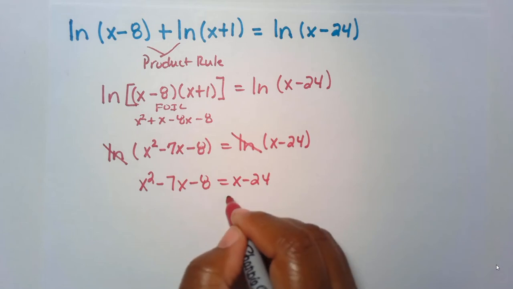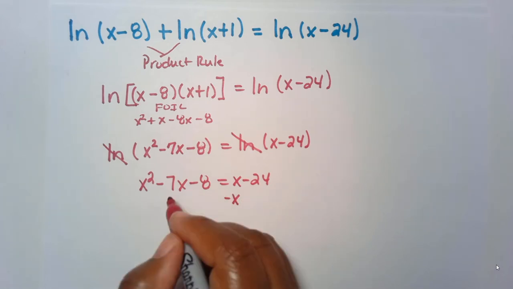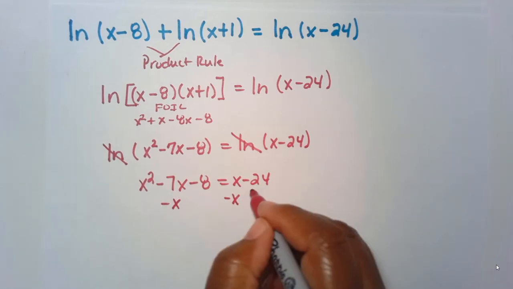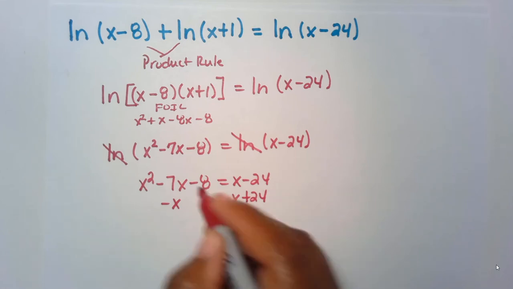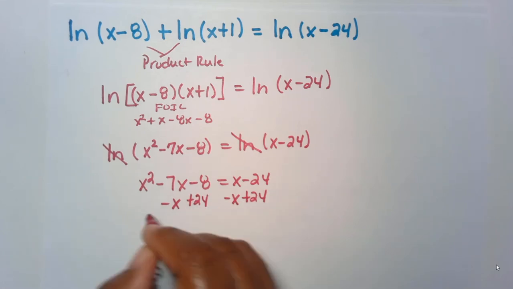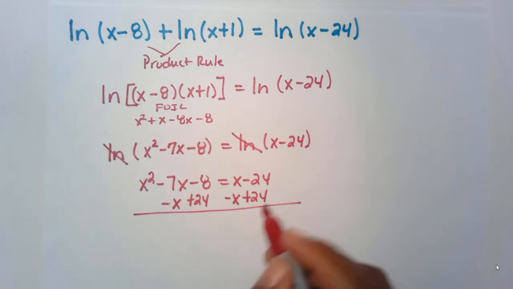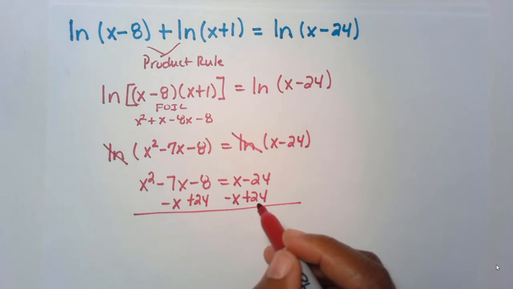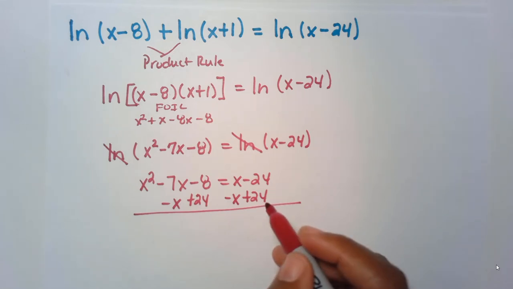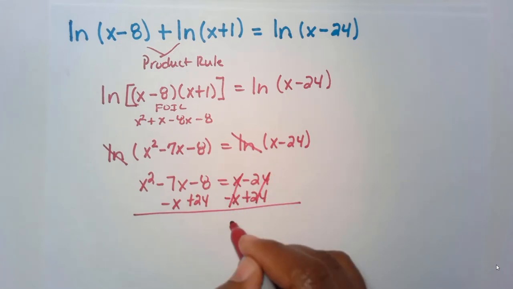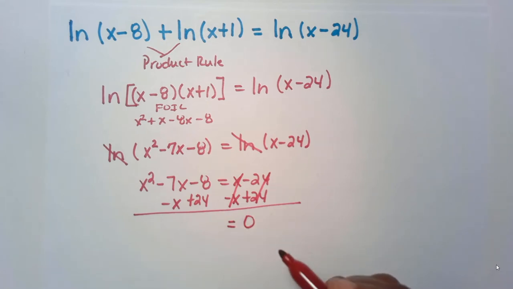All right, so we're going to subtract x from both sides, and we're going to add 24 to both sides. Okay, so let's go ahead and set the right side equal to 0.